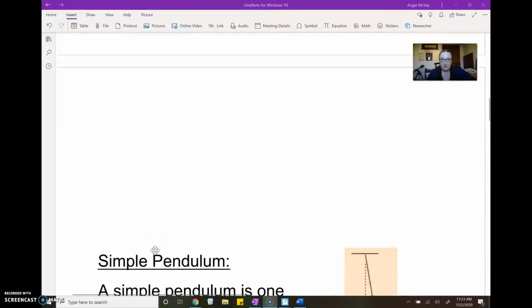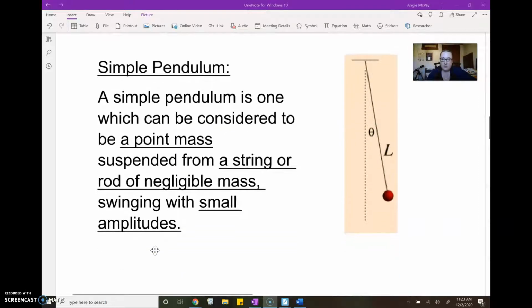All right. So let's talk about what a simple pendulum is and what it is not. A simple pendulum is one that can be considered to be a point mass. We've got our axis of rotation right here.